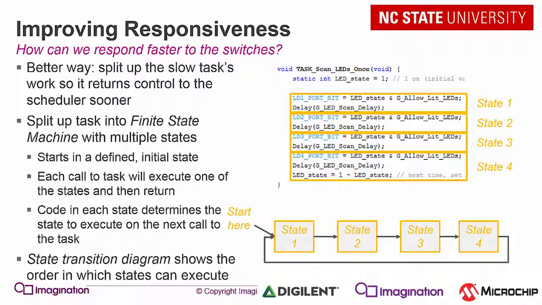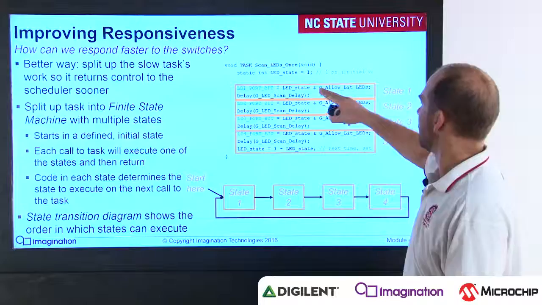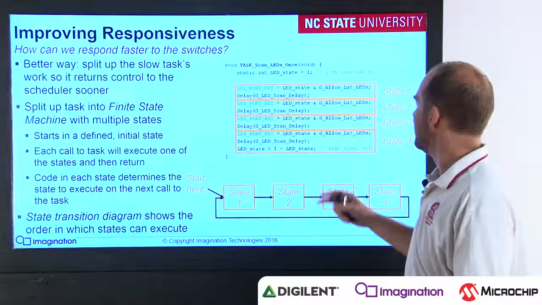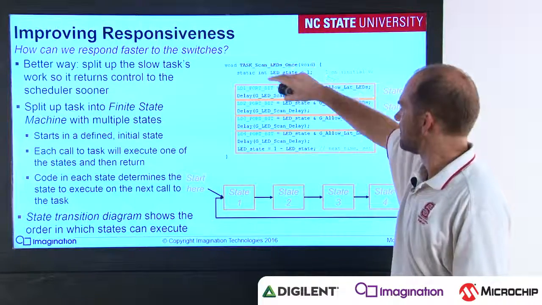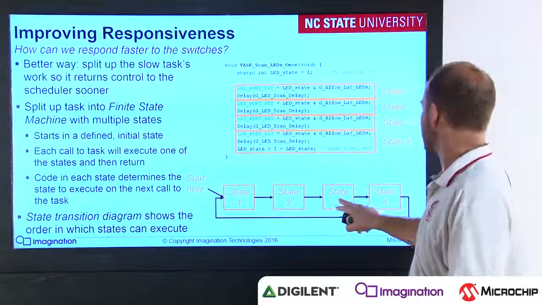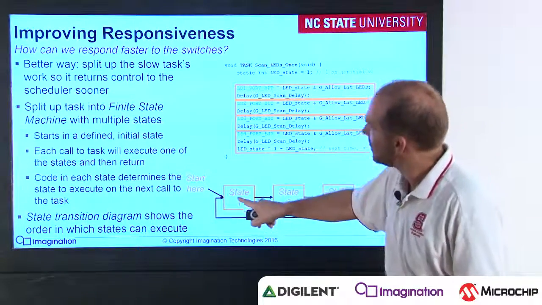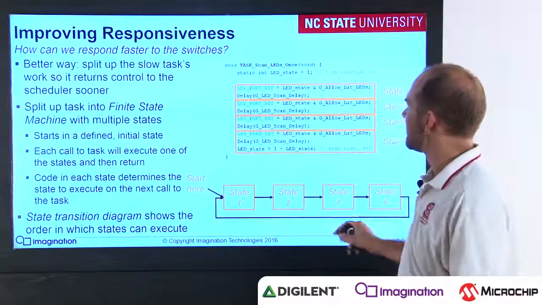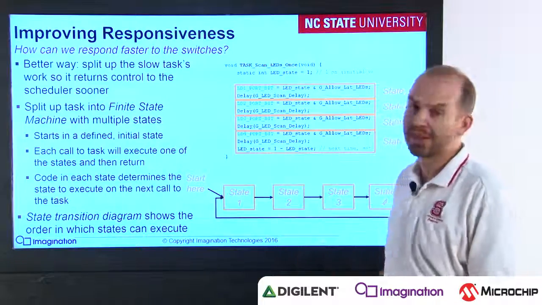The task itself is going to keep track of which state it's in, whether it should execute this code or this code or this code or this code in a particular call to this task. So we've got a state transition diagram that shows how the execution within this function proceeds from state to state on subsequent calls to the task.